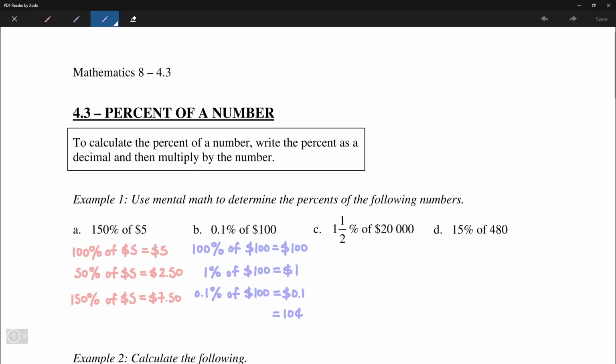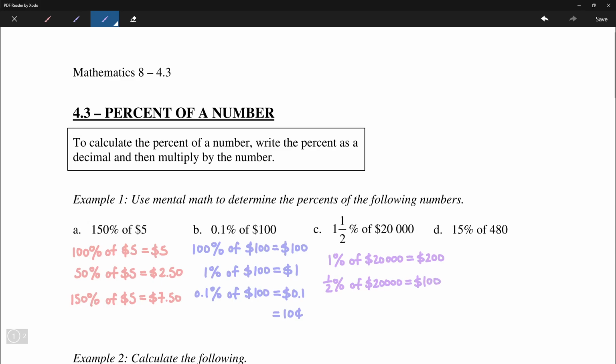Next, we are looking at 1.5% of $20,000 in this case. So first of all, 1% of $20,000 is $200, and 0.5% will be half of 200, so that will be $100 in this case.